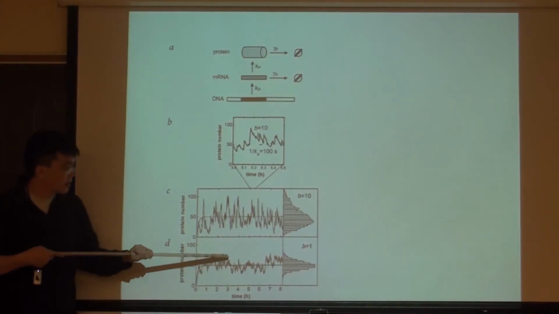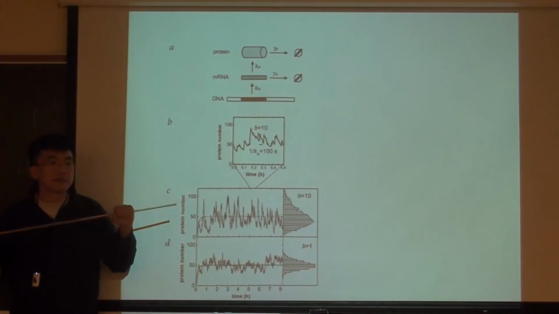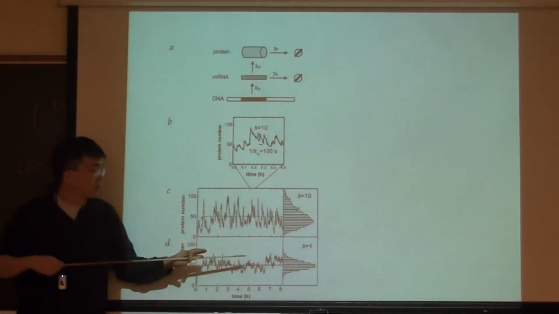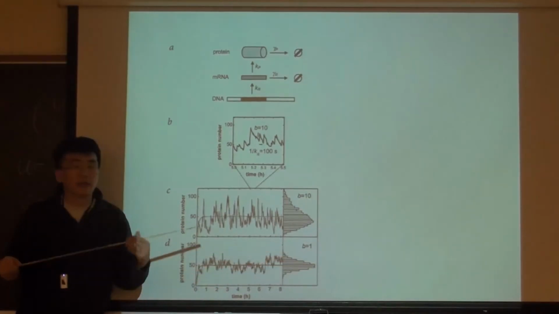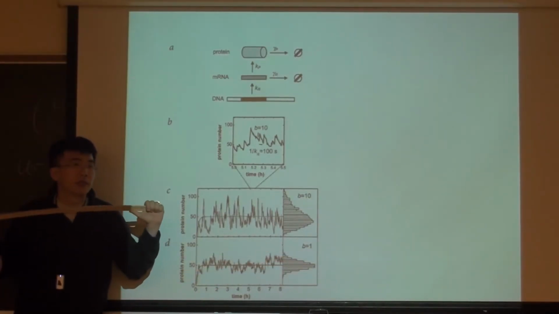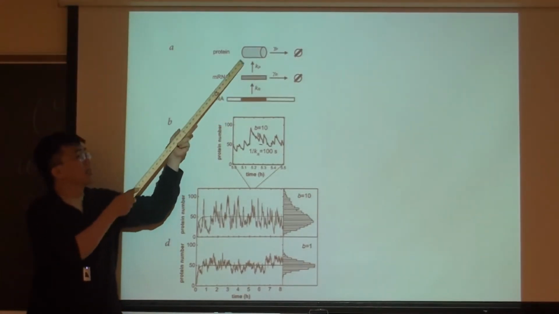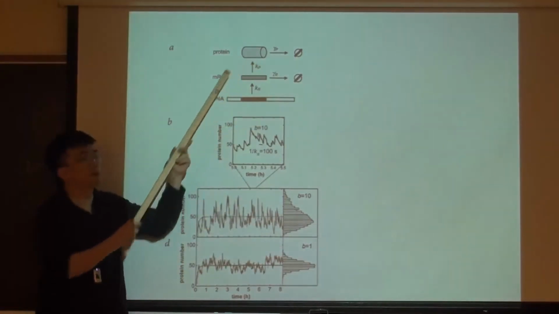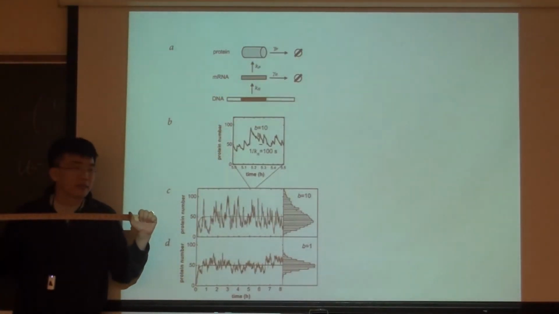You can see that the number is fluctuating because it is a stochastic system, right? But this simulation at the bottom was done with B equal to 1. B is the burst size. When a protein is made, this one assumes that you only make one protein per production event in the stochastic modeling.